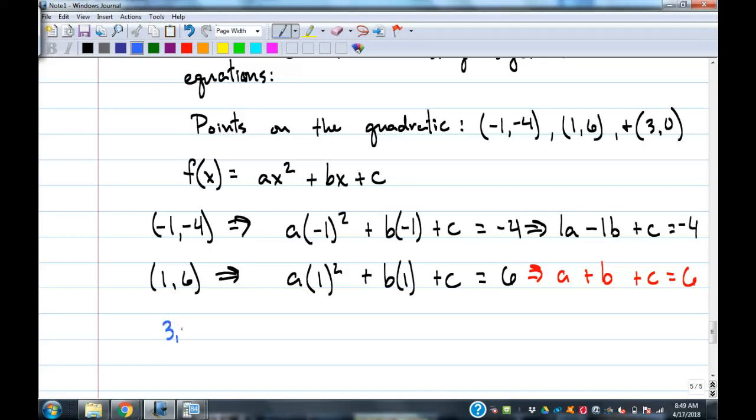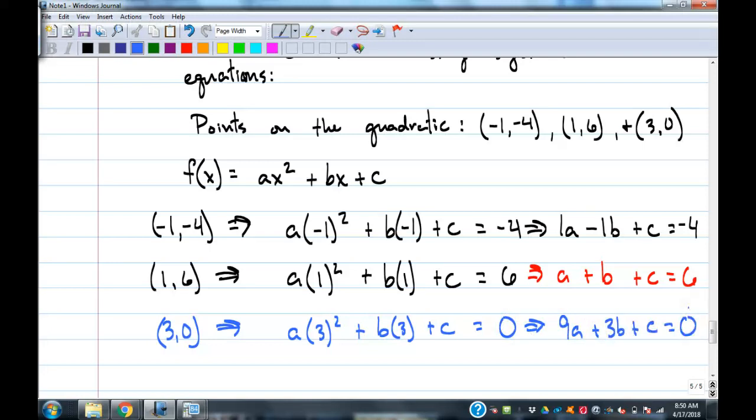Last ordered pair is 3, 0. So we got a times 3 squared plus b times 3 plus c is equal to 0. 9a plus 3b plus c equals 0.